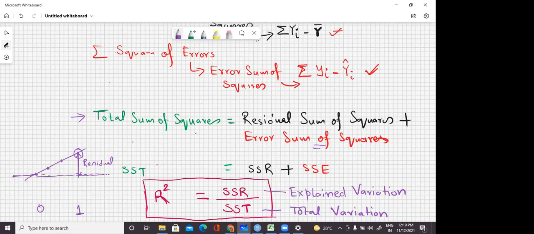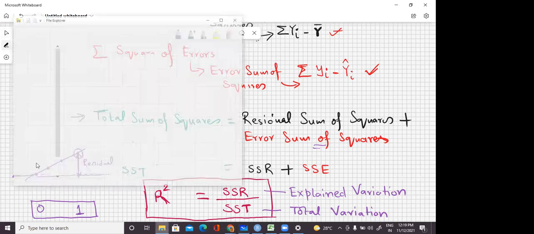That gives us the possibility that R square will be between 0 and 1. And the closer to 1 it is, we say that the regression line is a better representation of our data points.